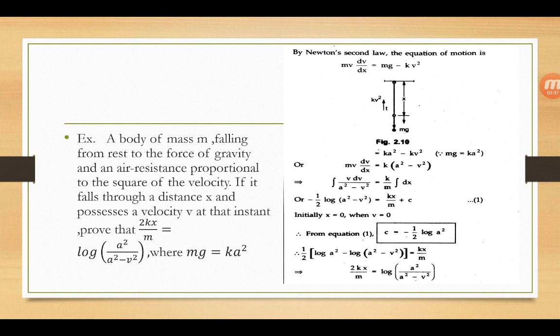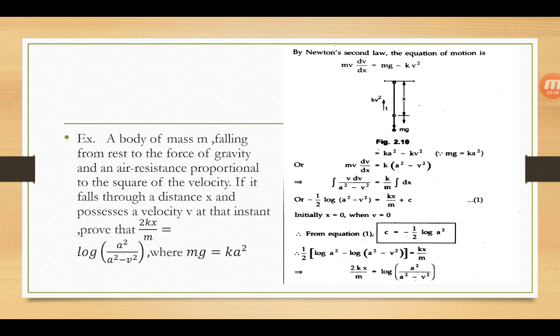Now, by Newton's second law, the equation of motion here is given by m into v into dv by dx, where v into dv by dx is nothing but your acceleration term, so m into a.